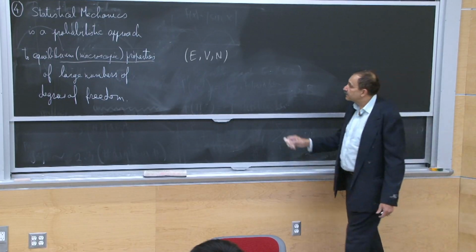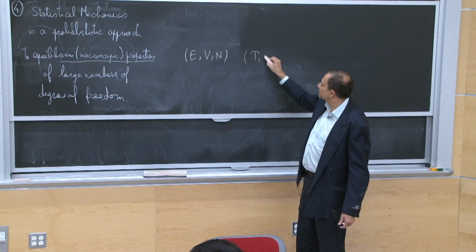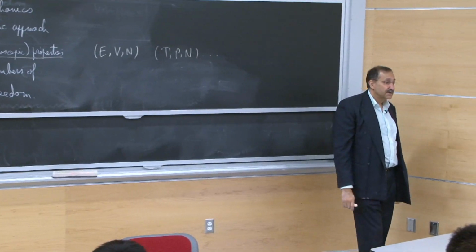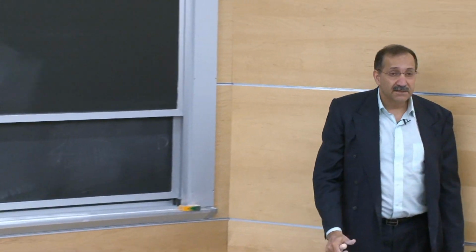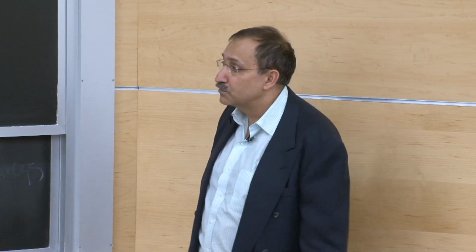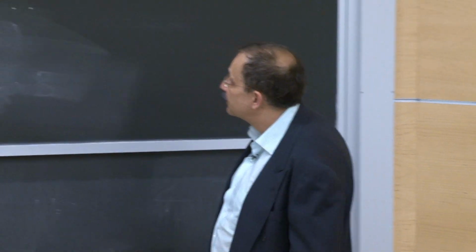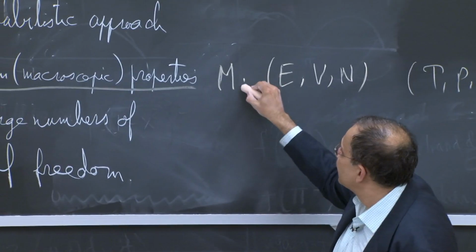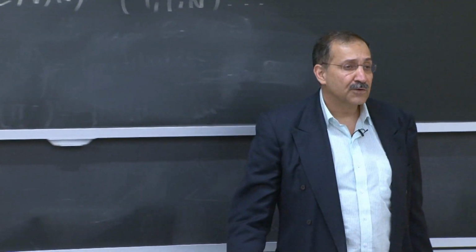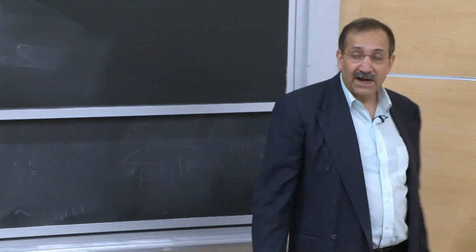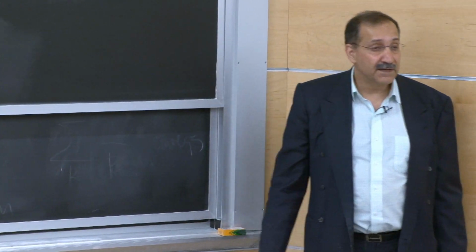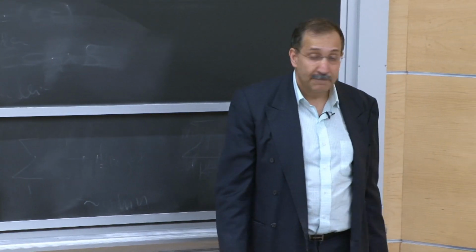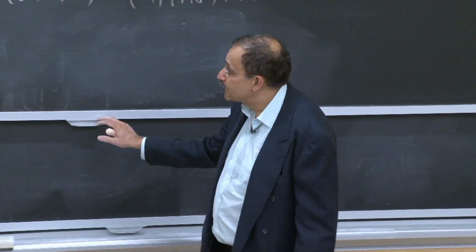There could be other things such as temperature, pressure, number, or other collections of variables that are independently sufficient to describe a macro state. And what we are going to do is to indicate that macroscopic set of parameters that thermodynamically characterize the equilibrium system by big M. Okay?